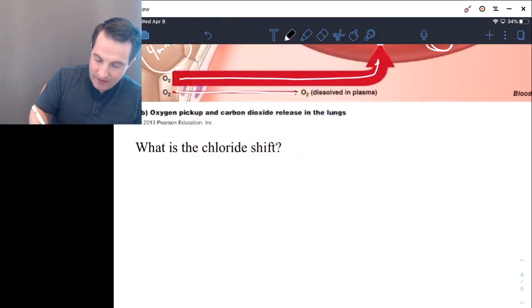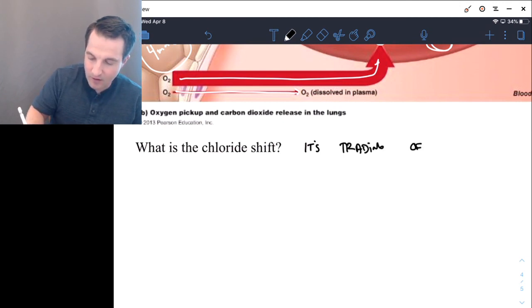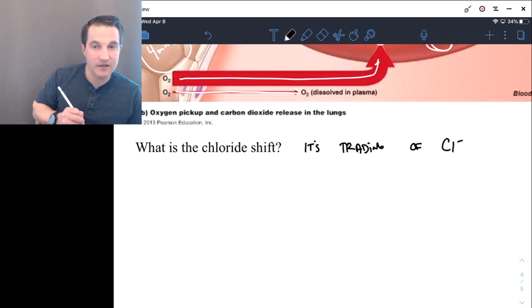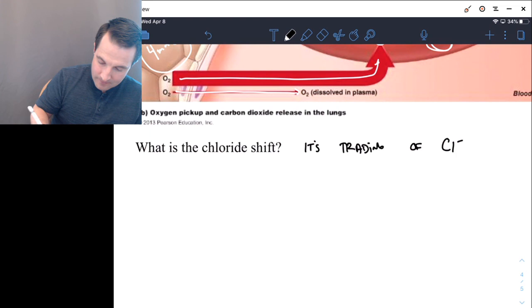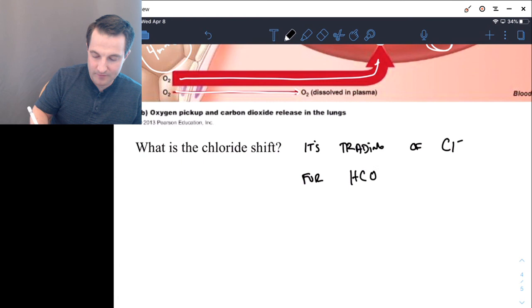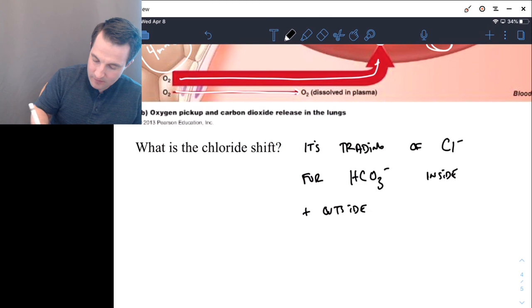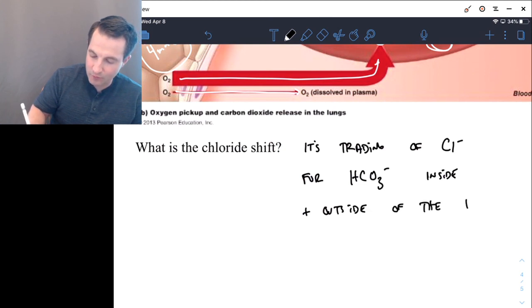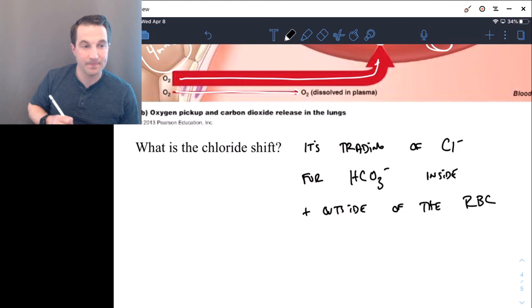We've already kind of answered that, and all I would say here is the trading of a negative ion in chloride for another negative ion in bicarbonate inside and outside of the red blood cell.